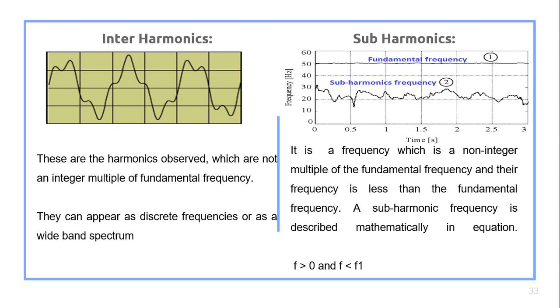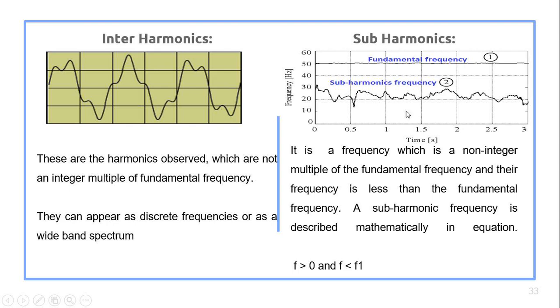They can appear as discrete frequencies or as a wide band spectrum. So these types of harmonics come into the category of interharmonics, in which one common pattern is not followed. Here in the positive cycle this pattern is followed, but here a different pattern is followed. Again this pattern is followed, because these are interharmonics, not proper integral multiples of the harmonics.